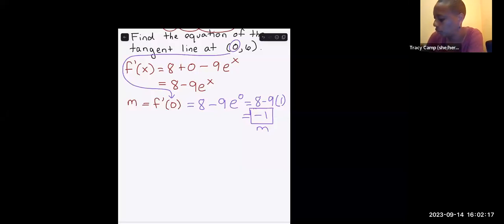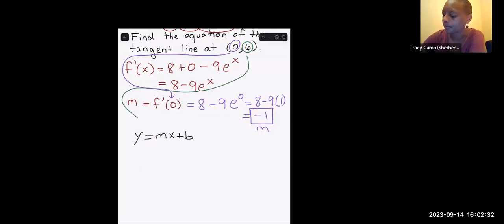Then what we would do is go back to our y equals mx plus b, and use this (0, 6) and plug in the 6 for y. The m that I got was negative 1, so we'll plug in negative 1 for the m, and then plug in the 0 for x.